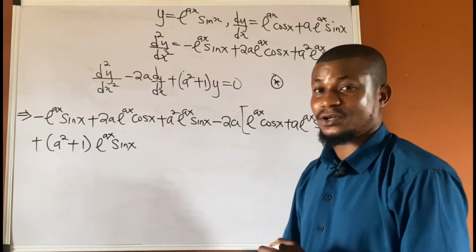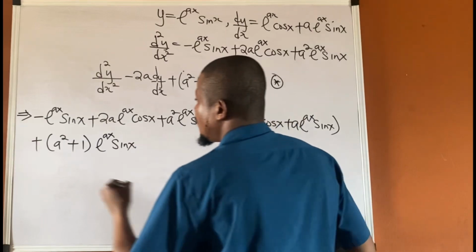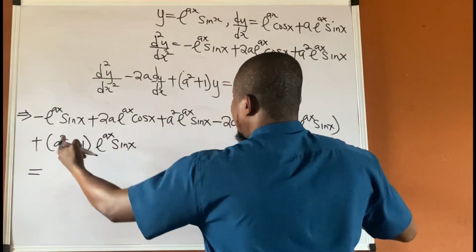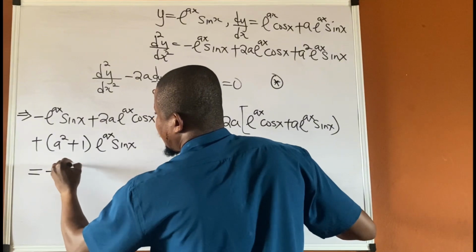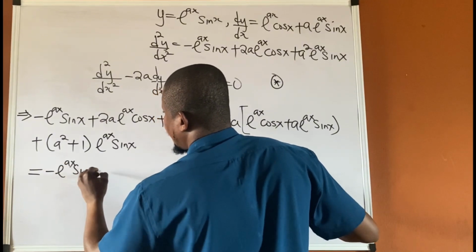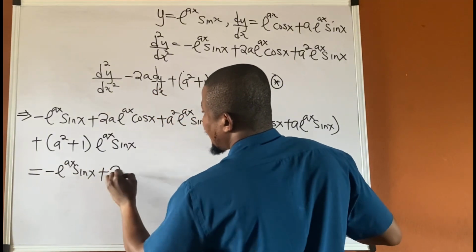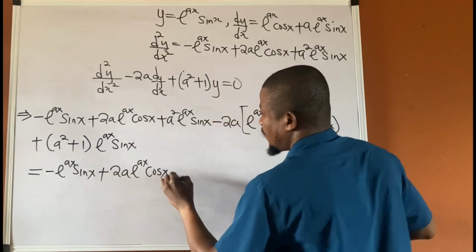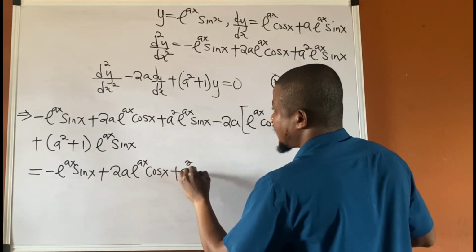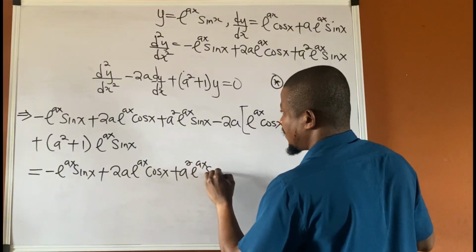When we simplify all of this, let's see if this will be equal to 0. So let's simplify further. This is minus e^(ax) sine x plus 2a e^(ax) cos x plus a squared e^(ax) sine x.